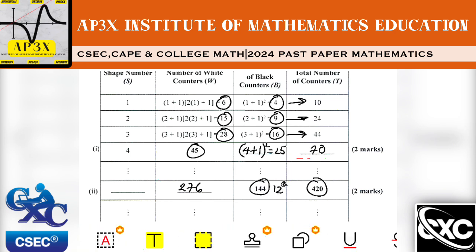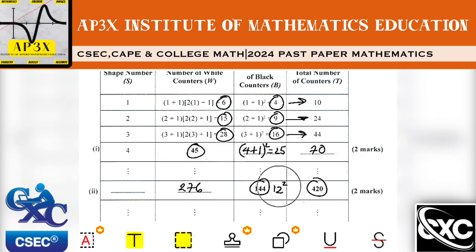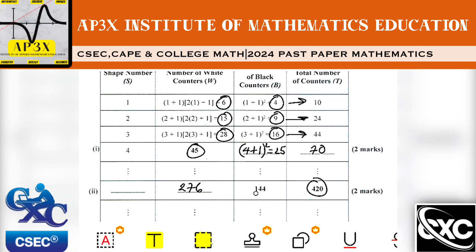But to get the 12, because we had to add 1 to a number, this most likely would have had to be 11 plus 1 squared. Just thinking about the pattern, this would have had to be 11 plus 1 squared. That would have given us 12 squared, which is 144.